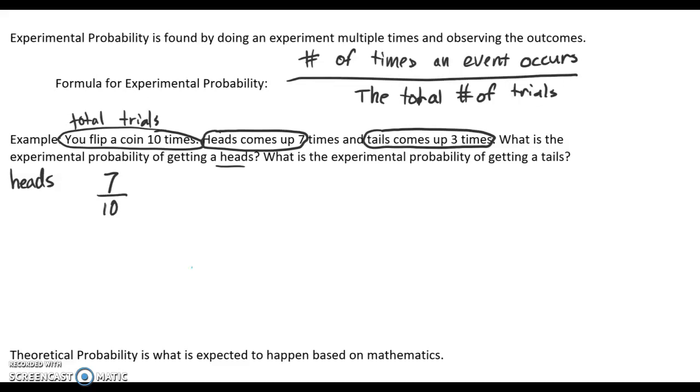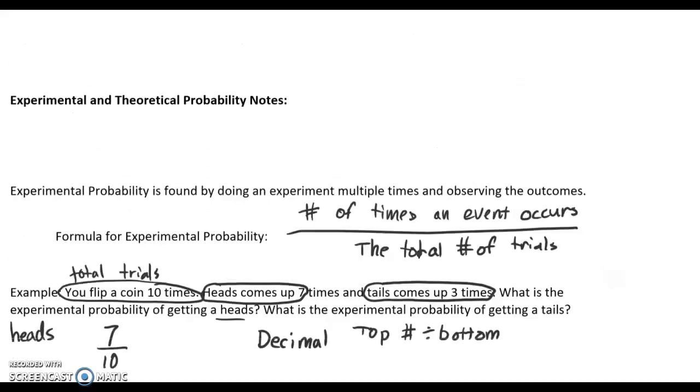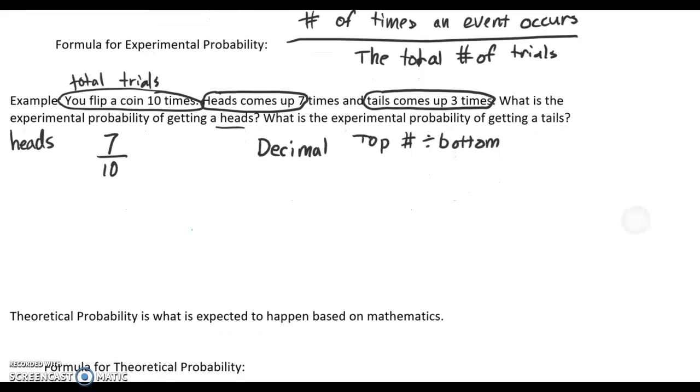Now with probability, we often like to convert this into decimals and percentages, so we're going to review how to do that right now. In order to get a decimal from a fraction, we do top number divided by bottom number, or numerator divided by the denominator. So in this case, we are going to do 7 divided by 10 to get 0.7.